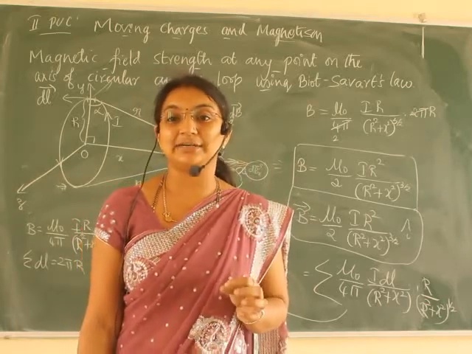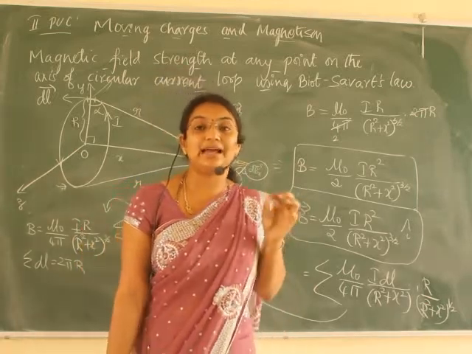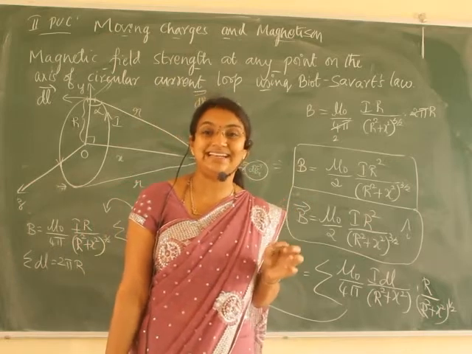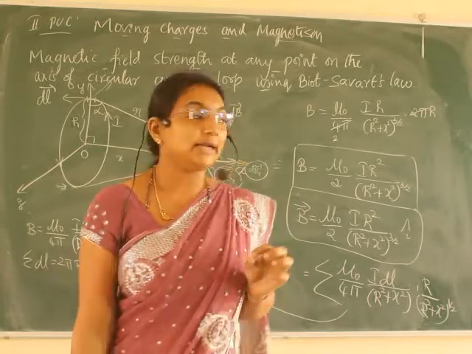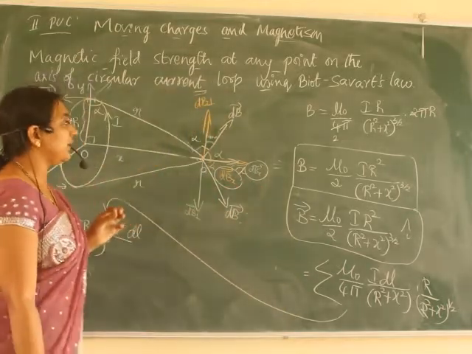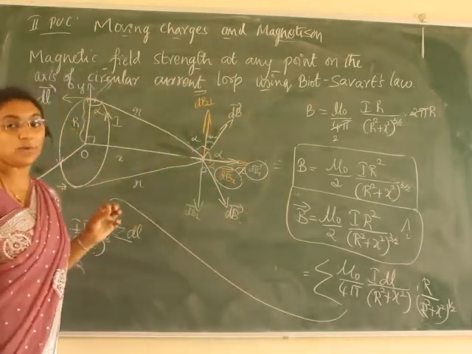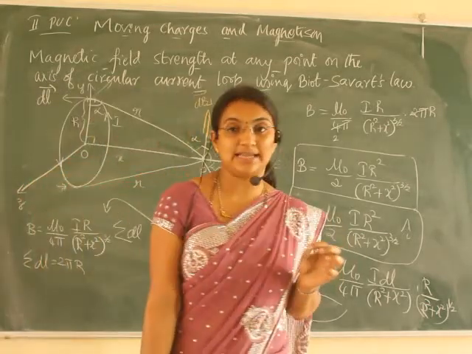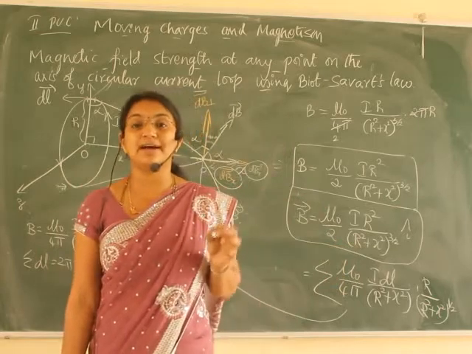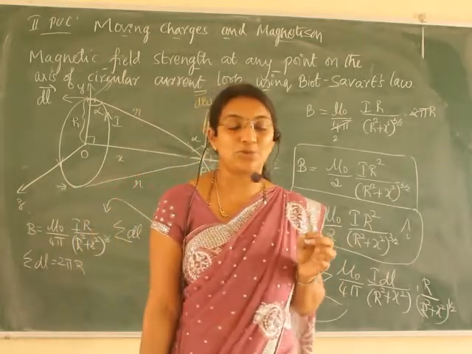But theta is the angle between dl and r, that is 90 degree. Therefore sine 90 is 1, and we get dB is equal to mu naught by 4 pi I dl by r square.